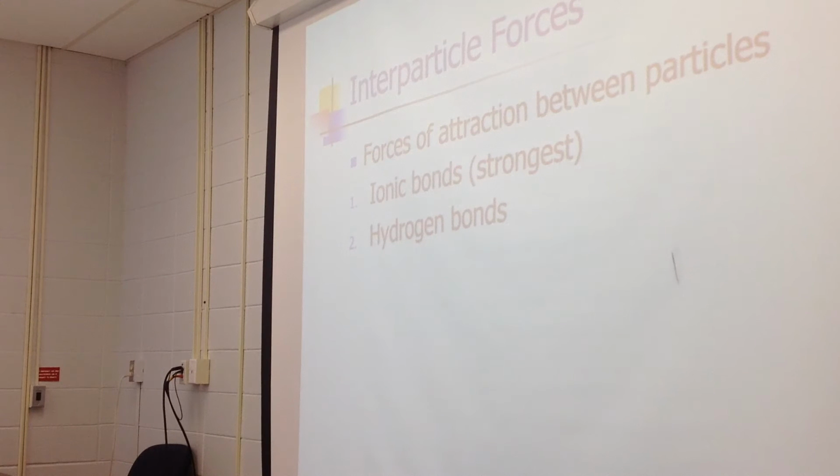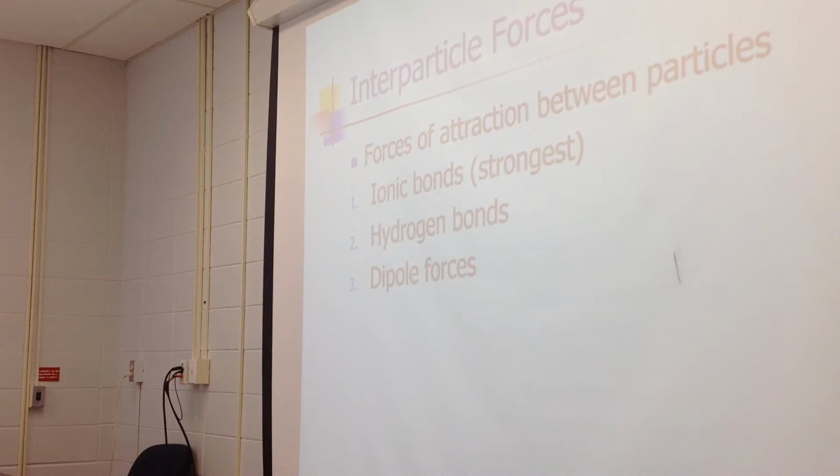Hydrogen bonds. Hydrogen bonds are strong, but they're a bit weaker than ionic bonds. All right? We're going to see examples of that. They're very important. Dipole forces are a little weaker yet. They're not as strong as hydrogen bonds. All right? Now, just to give you a little hint, obviously, ionic bonds are only going to apply to ionic compounds, right?